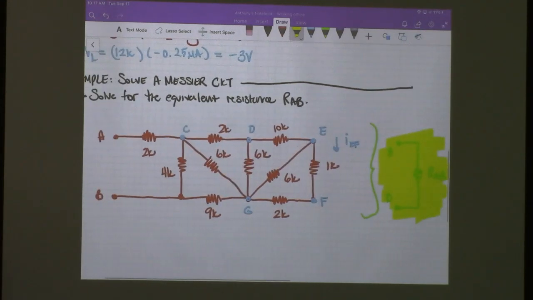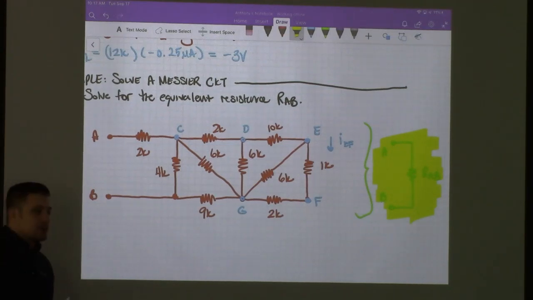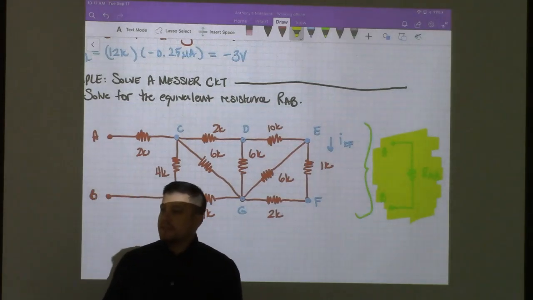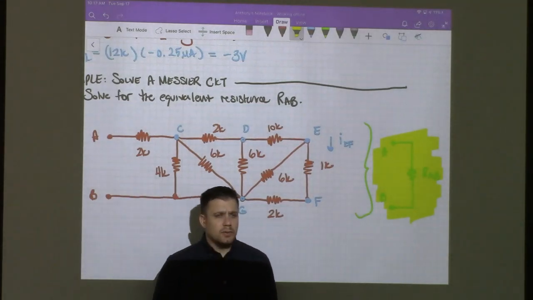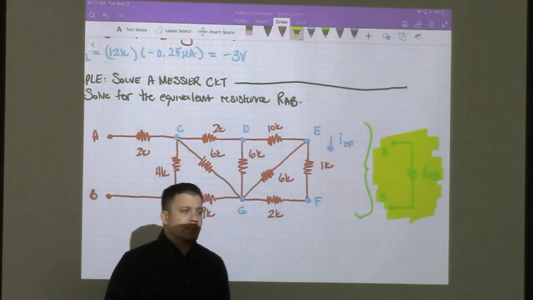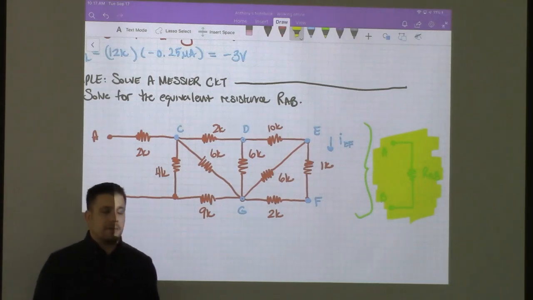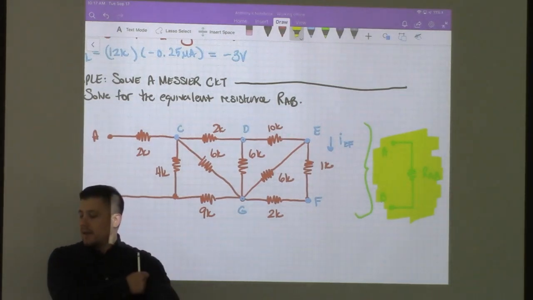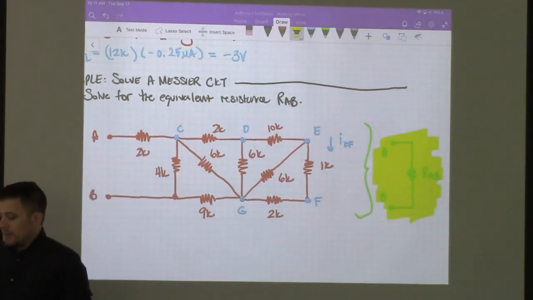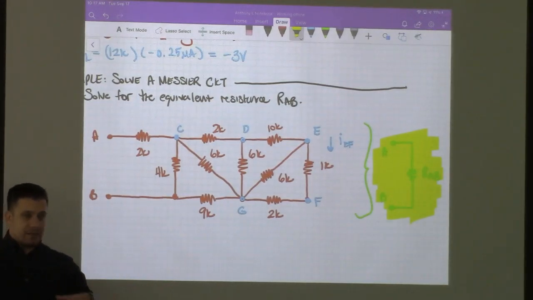That's what we mean when we say there's an equivalent representation. Have you guys used the digital multimeter in ENG212 yet to measure resistances? Right, okay. So if you were to take this circuit with all these resistors and attach the digital multimeter to terminal A and to terminal B, the value that it would read would be RAB, whatever the equivalent resistance is for all of those.